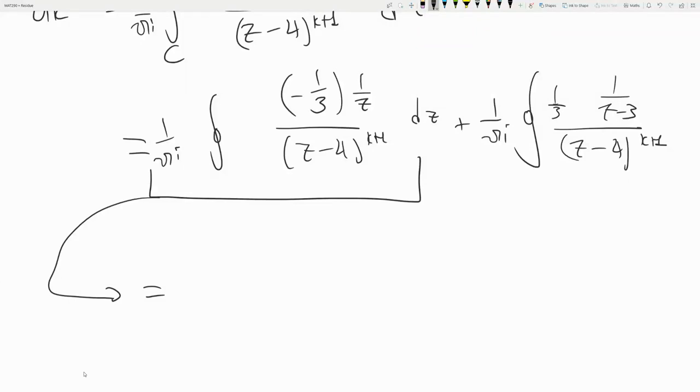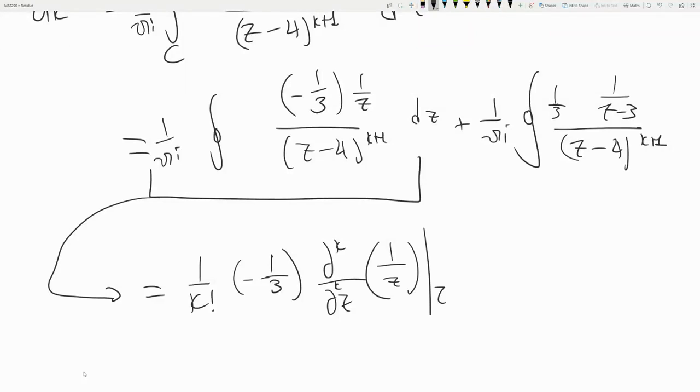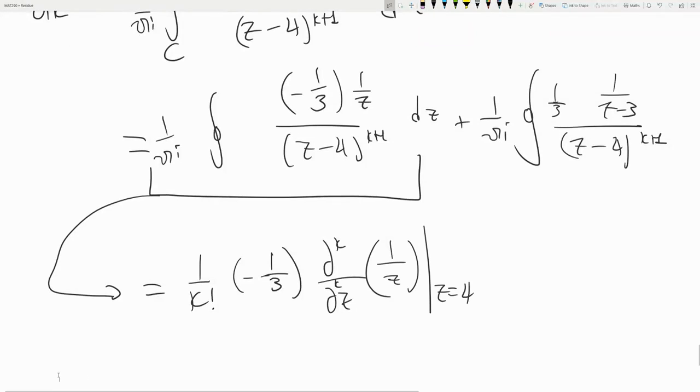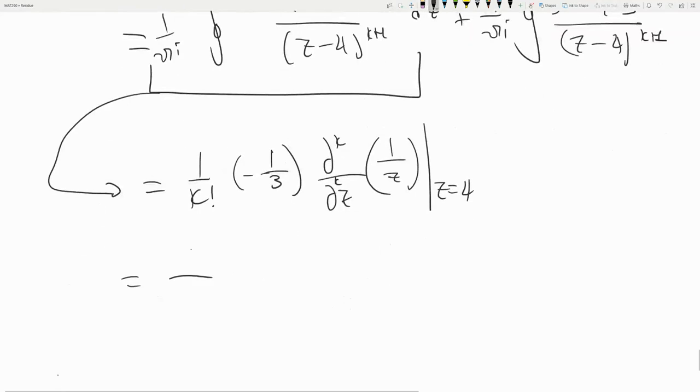So what is that? This is k factorial, and minus 1 over 3. And then I take the kth derivative of 1 over z, and I evaluate it at z equal 4. So let me do that. So what is that?